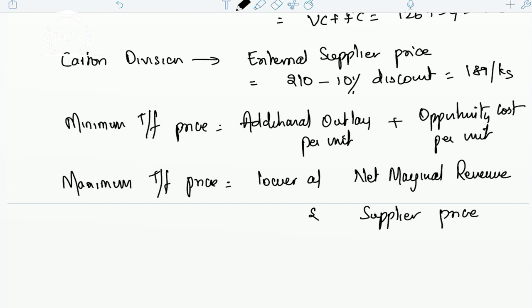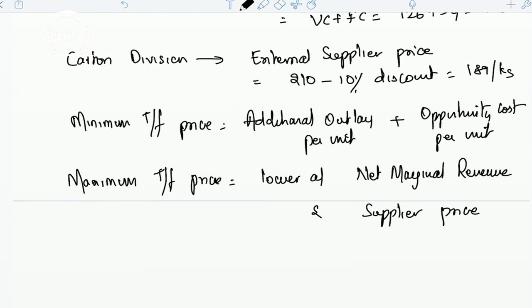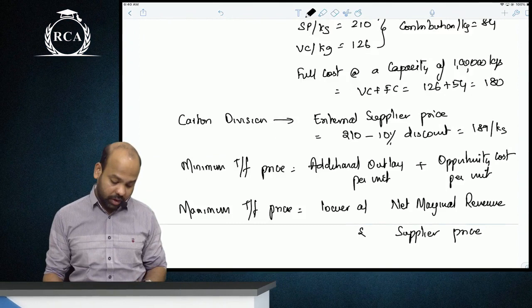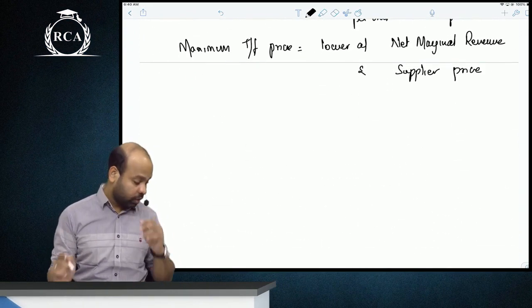After we are done with these given details, let us look at the first bit.